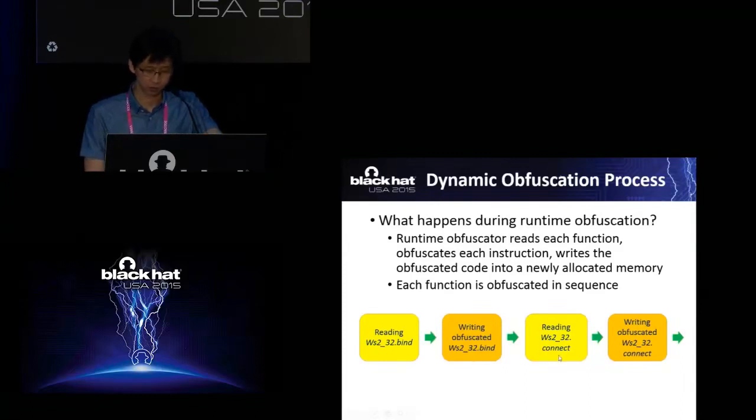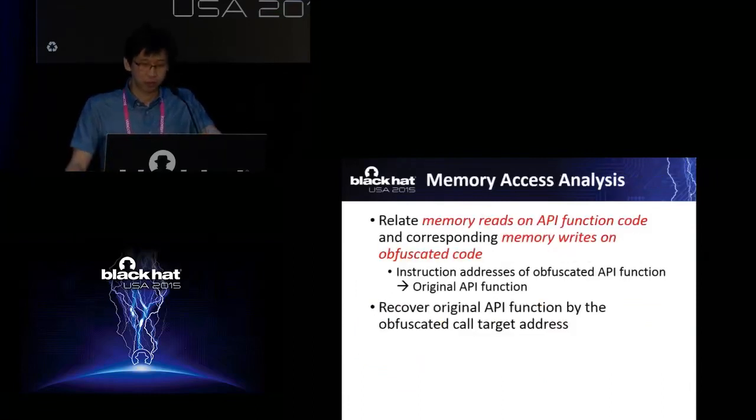And next, bind and connect. It is done alphabetically. So instead of doing some analysis, I decided to use the memory access pattern. Memory access analysis relates memory reads on API function code and corresponding memory writes on obfuscated code.